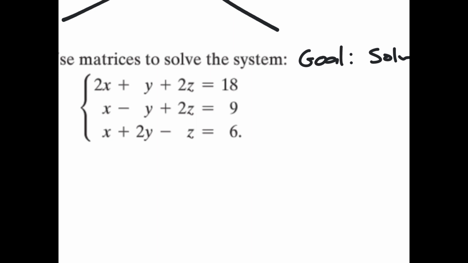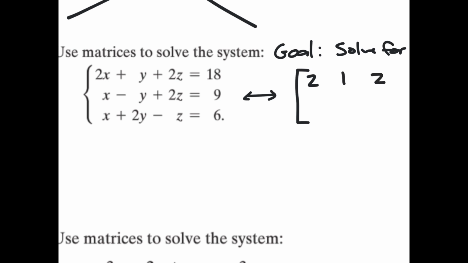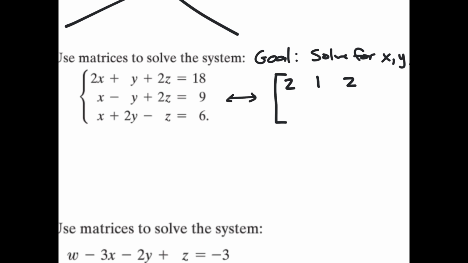The first thing that I want you to do is to take this and turn this into a matrix, okay? And so what we're going to do is take the coefficients here, 2, 1, 2, 18, and so on, to build our matrix. So I'm going to create a matrix about the same size, and I'm going to go, all right, I've got 2, and then I've got 1, 2, and then 18.